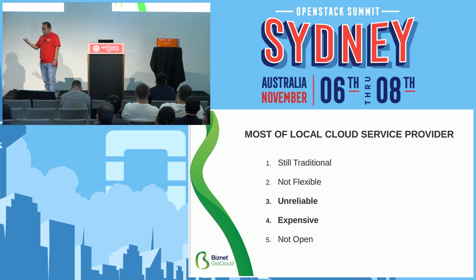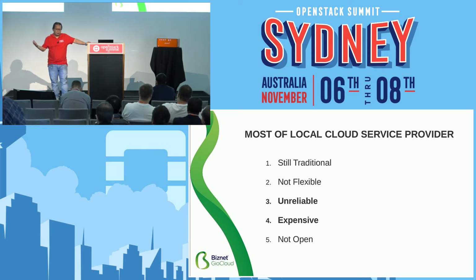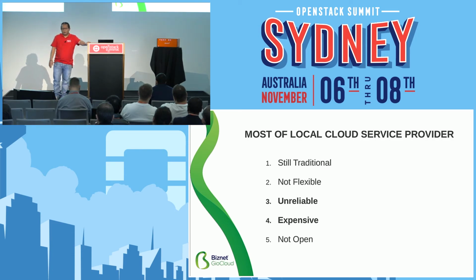Number one, the perception is that they are still traditional. Most local cloud service providers run like a VPS provider, per se. When we create an instance, they give a public IP directly to the VM on the NIC. Number two, it's not flexible from the payment standpoint, because most local providers only charge on a monthly basis.